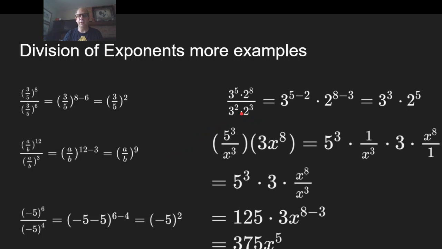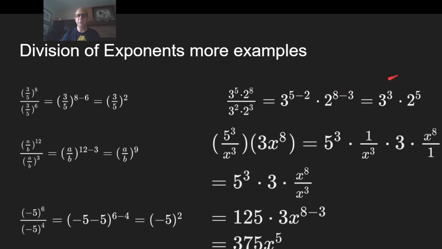This is where it gets a little funky. Now, I made a big point that if the bases are different, we cannot combine these things. We cannot multiply 3 to the 5th times 2 to the 8th because the bases are different. But I can divide 3 to the 5th and 3 squared. So I'm going to split those fractions up. I'm going to imagine 3 to the 5th divided by 3 squared and 2 to the 8th divided by 2 cubed.